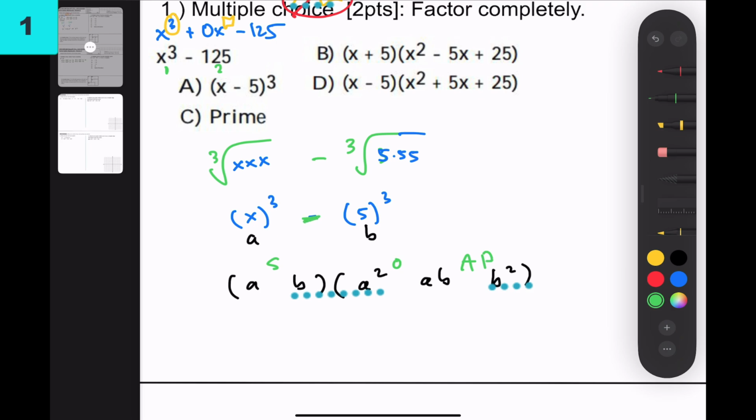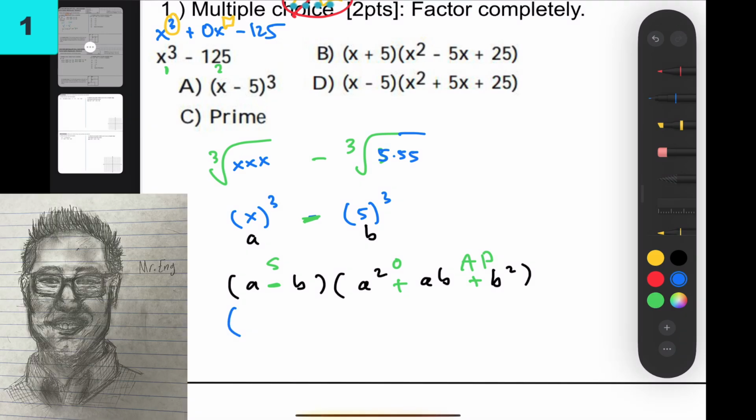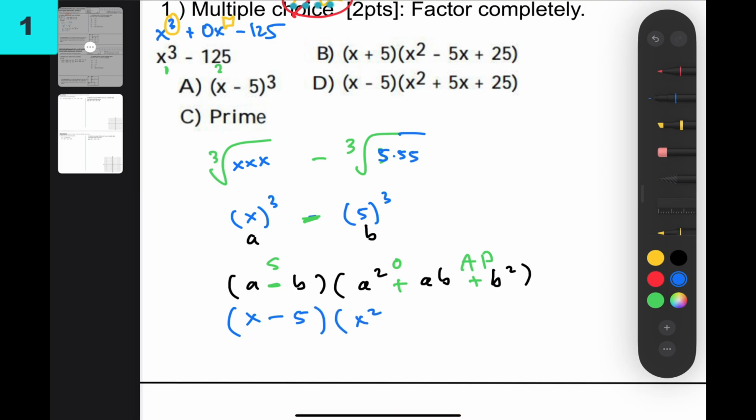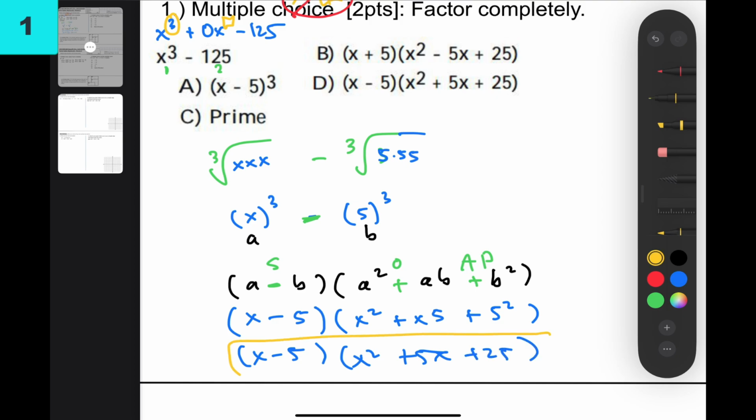This is a minus, so same, opposite, always positive. So my a value is x, my b value is 5, a value is x, a value is x, b is 5, and then b value is 5 squared, which gives you 25. So the one that has x minus 5 would be choice D.